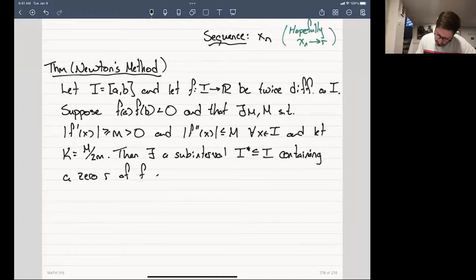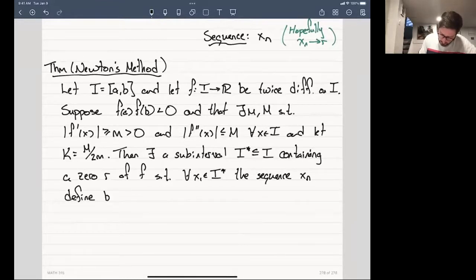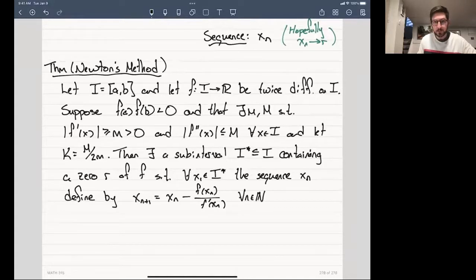And then such that for all initial guesses that you choose in this subinterval, the sequence xn defined by the Newton update, so that is xn plus 1 is equal to xn minus f of xn divided by f prime of xn, and this is for all natural numbers, of course.